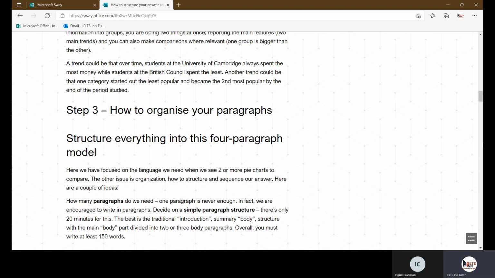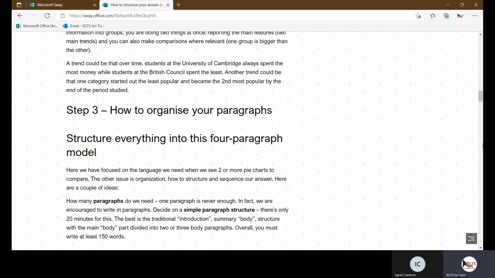So you say, the pie chart illustrates the rate at which citizens subscribe to mobile internet usage over a decade or between certain years. That will be your introduction.